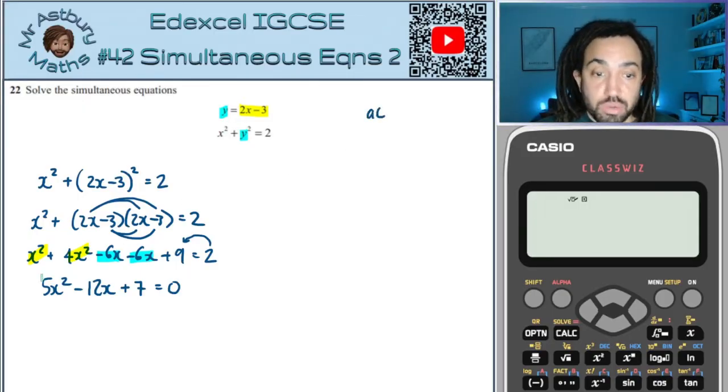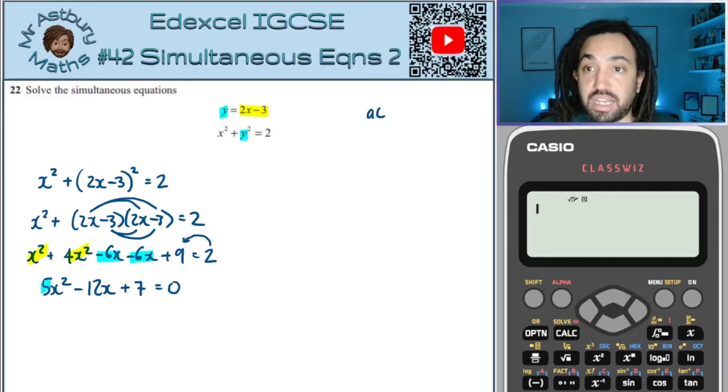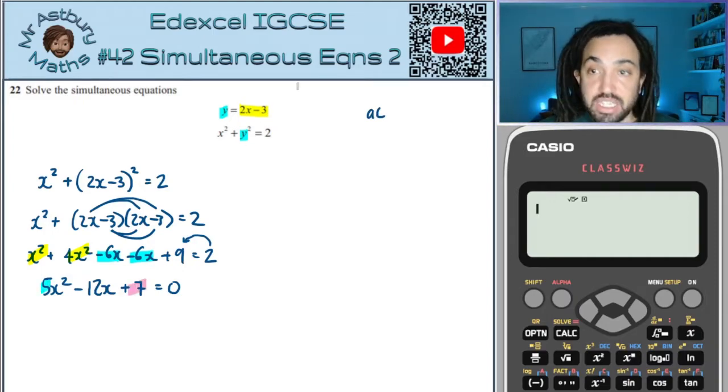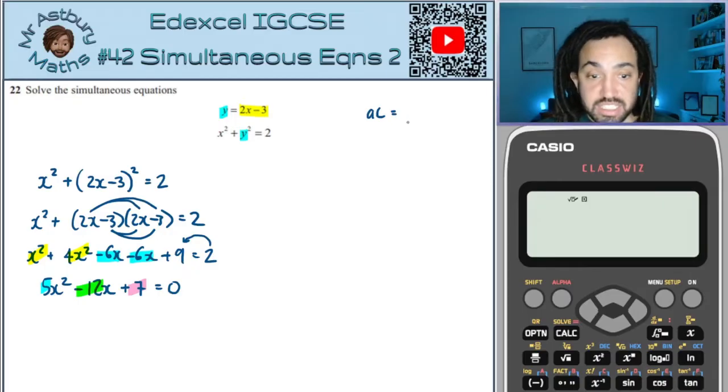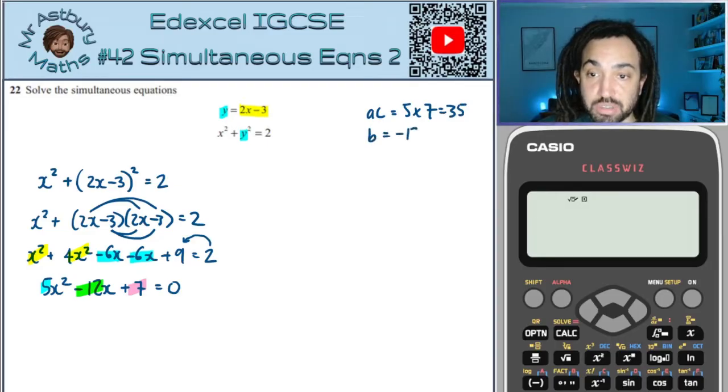I'm going to call this term a, and this term c, and this term here b. And we want to multiply the a and c terms, which is 5 times 7, which makes 35, and we want to write the b term down as well, which is minus 12.